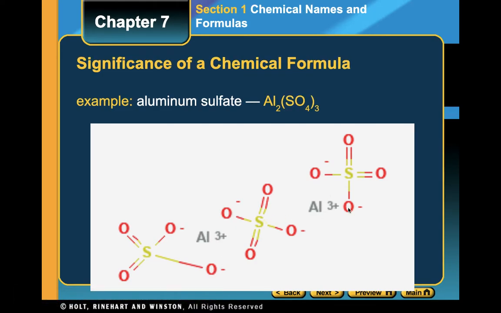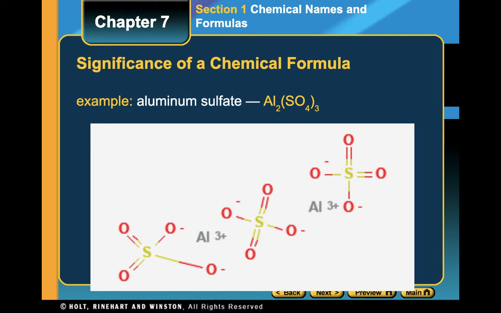Then I look at this aluminum that has a charge of positive 3, and it's also surrounded by 3 negatively charged oxygens. This is because negatives are attracted to positives, and in an ionic compound, we are always looking for balance. So the number of positive charges has to cancel out the number of negative charges.